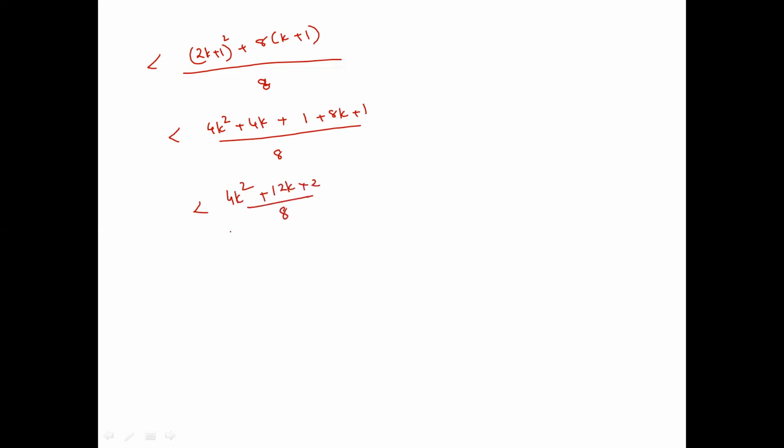So what will I have? 2k plus 1 whole square plus 8 into k plus 1. Or I can write 4k square plus 4k plus 1 plus 8k plus 1 by 8, or 4k square plus 12k plus 2 by 8.